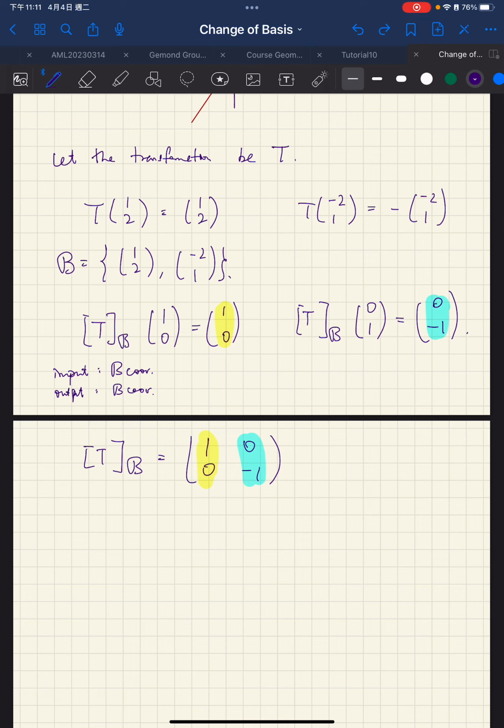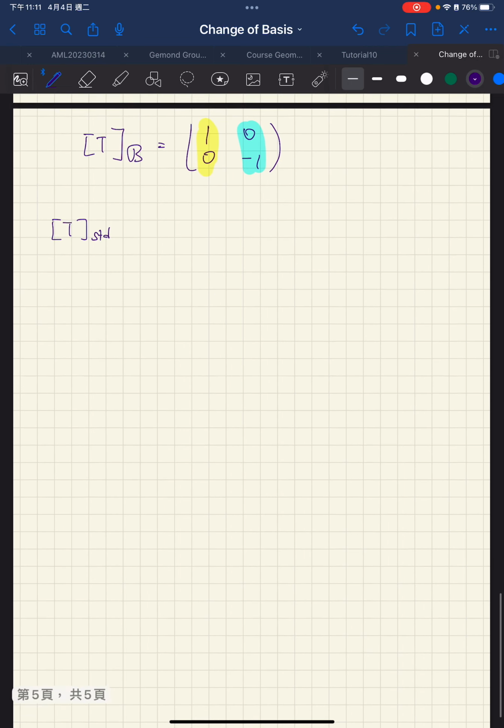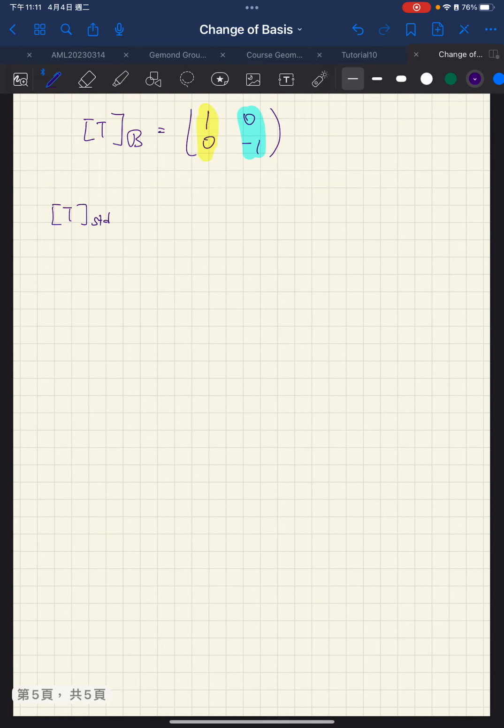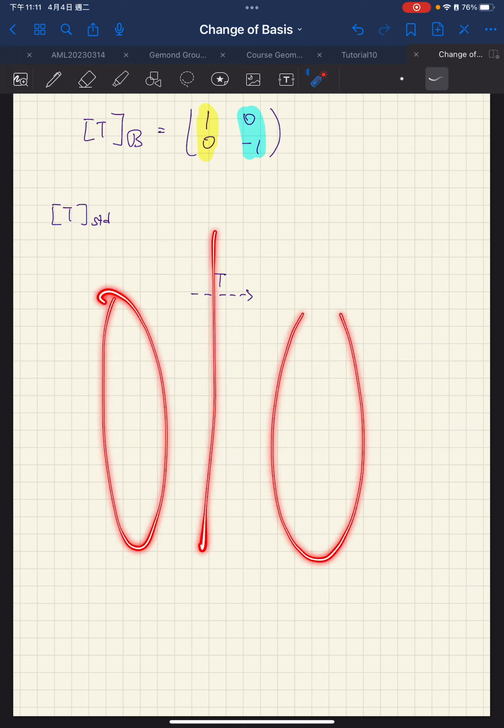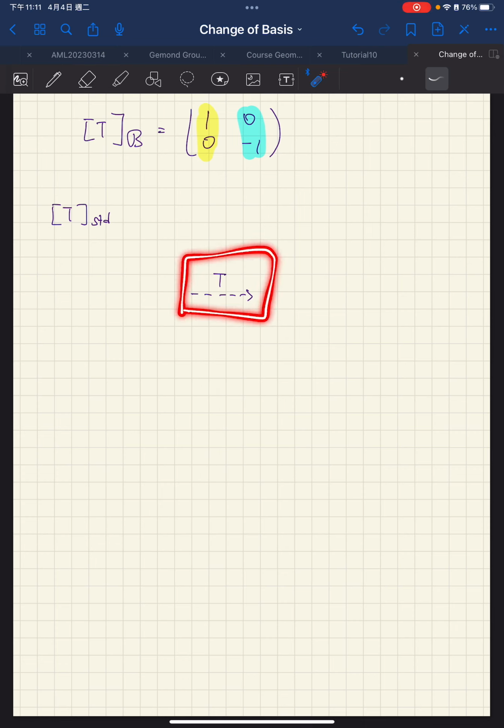Okay, fine. But now I want to find the T in terms of the standard basis. How could we do that? The point here is to use the following diagram. Let me notate this diagram carefully. From left to right, the left to right is the T action. It's a reflection here, or any T you like. We have standard basis to standard basis.